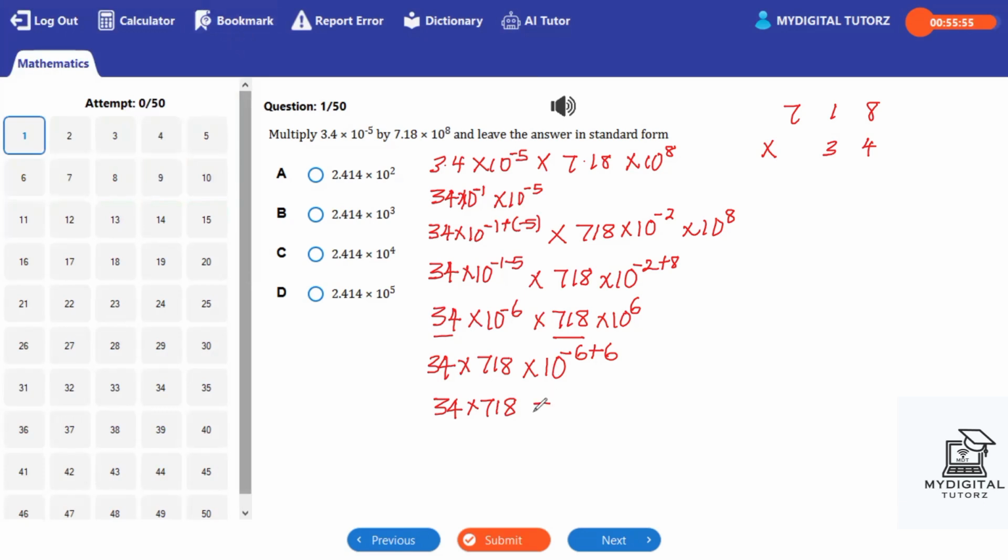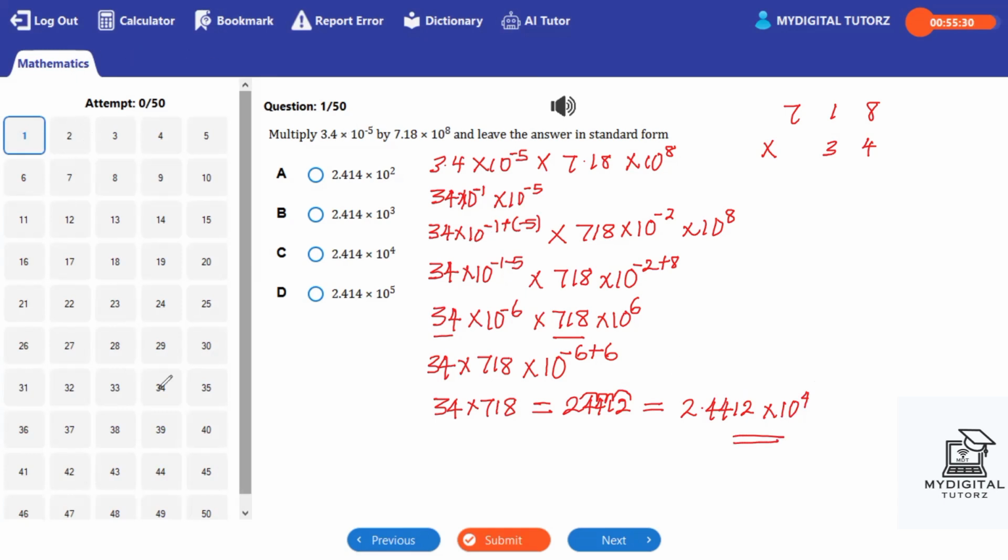So I have this to be equal to 24412. And remember, you were asked to put your answer in standard form. So shift the decimal point from the end: 1, 2, 3, 4. That will be equal to 2.4412 times 10 raised to power 4.